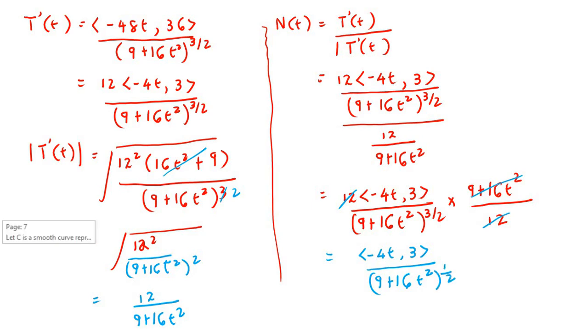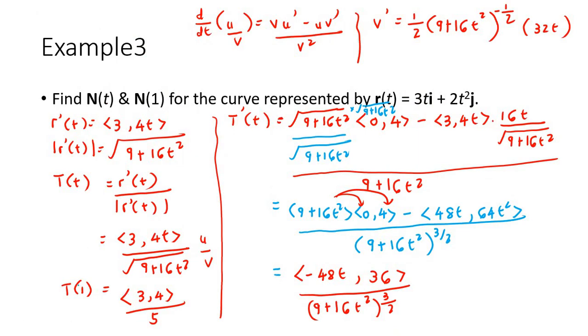Okay, and then plug in when t equals 1. So we have N1: negative 4i plus 3j. Plugging in 1, it becomes 25, power half becomes 5. So negative 4i plus 3j over 5. We check this now: the unit tangent vector and normal vector are actually orthogonal.